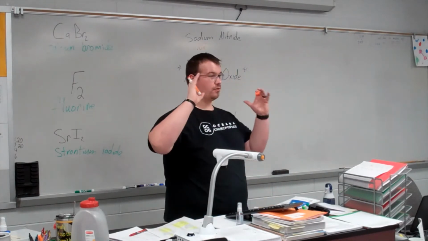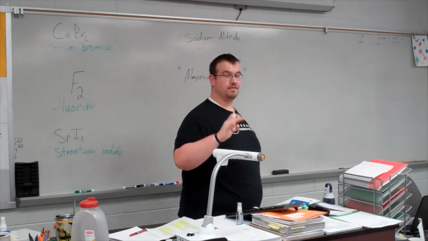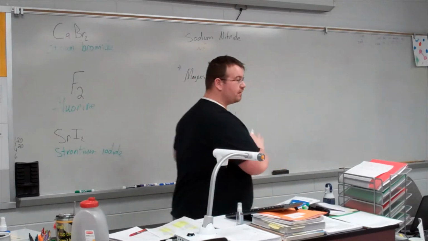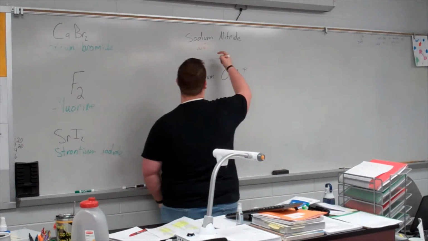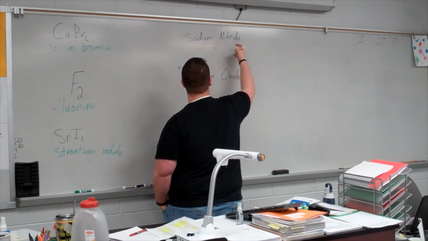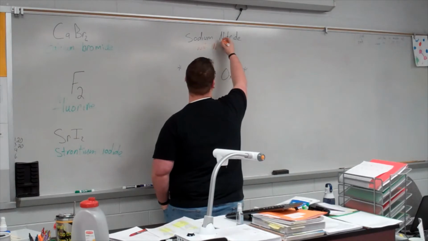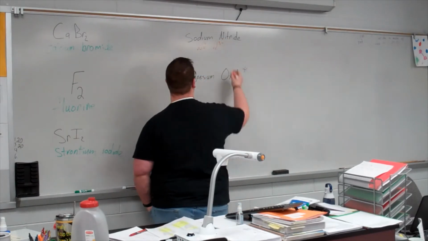I'm putting the ball in your court with that. You have got to get that. If you can't get that, you're never going to get this. Nitride comes from what? Nitrogen. It's IDE, so that means it's an anion. What's the charge? Negative 3.